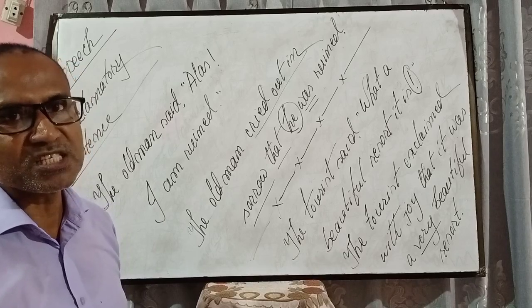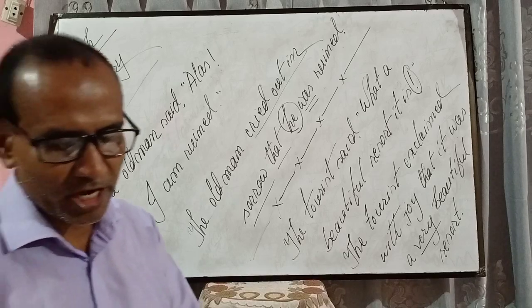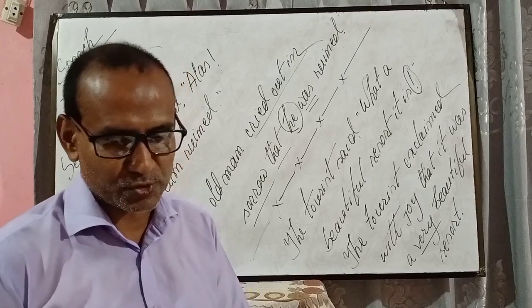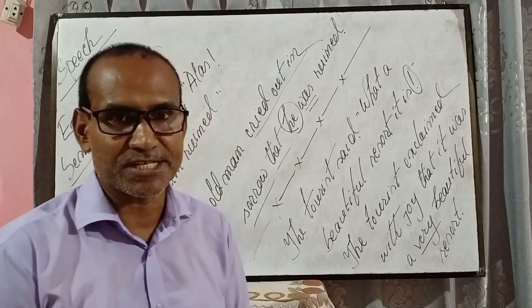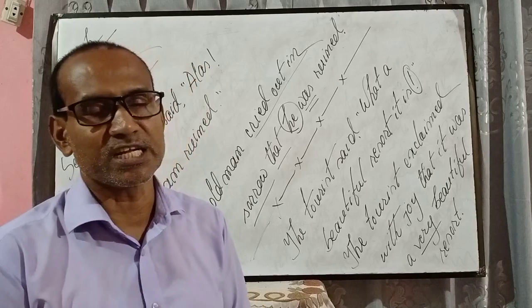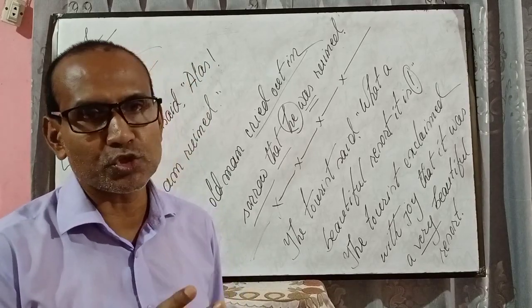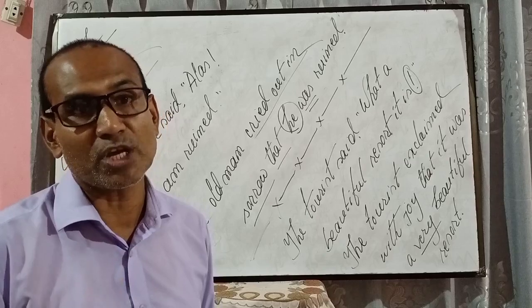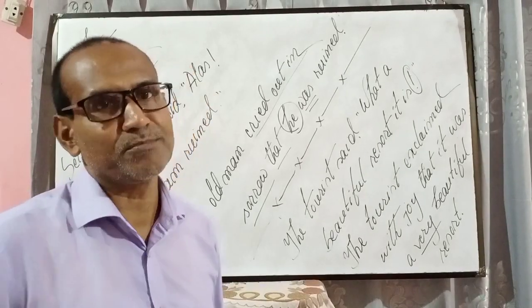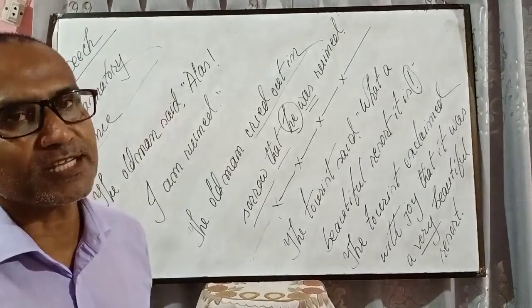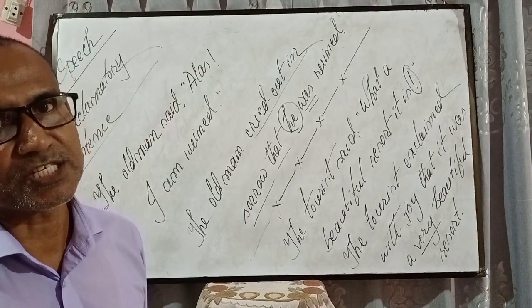So the reporting verb changes into cried out in sorrow, cried out in joy, cried out in wonder, cried out in surprise, etc. And if you don't understand what the say verb actually means, in that case, just write exclaimed. It is correct.